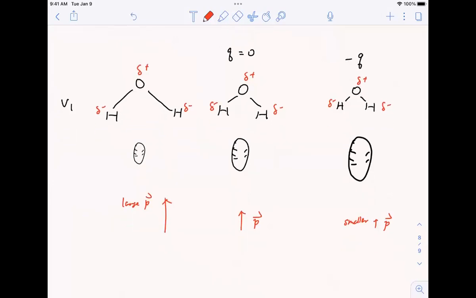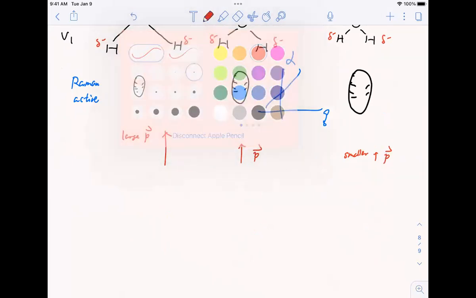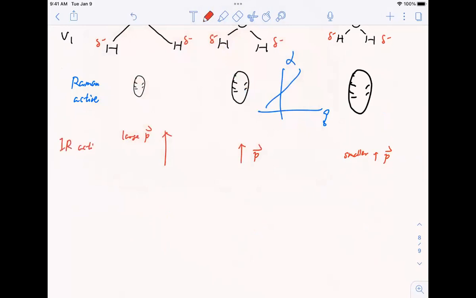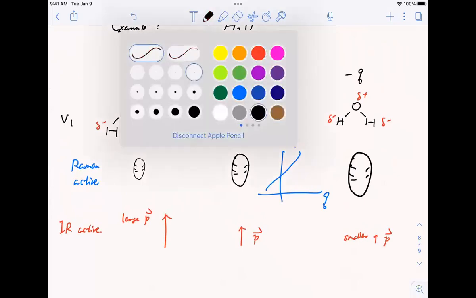So from here, you can already see that this is Raman active, because of this small, big, small. If you plot the Raman tensor, you will see that it goes like this. So the slope is not zero. So this one is oscillating. So it is also infrared active. So for the water molecule with the lower symmetry, this mode is both Raman active and infrared active. Okay?